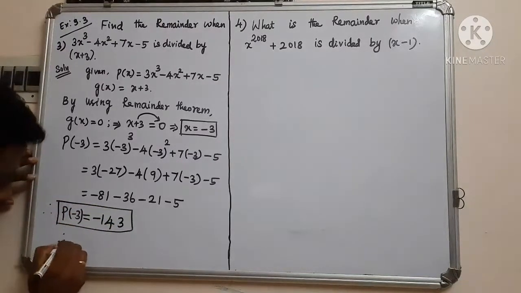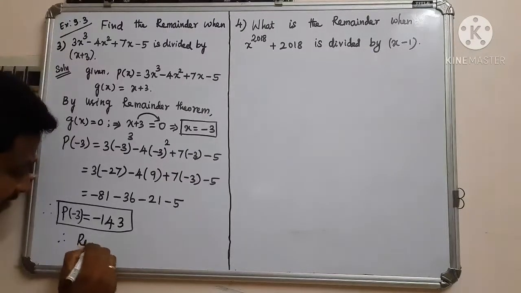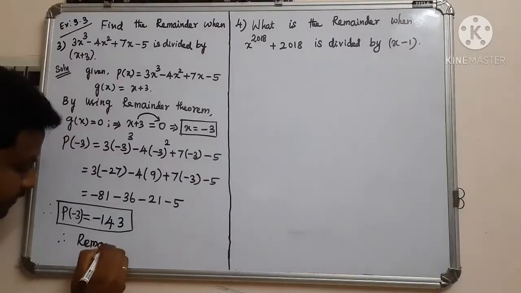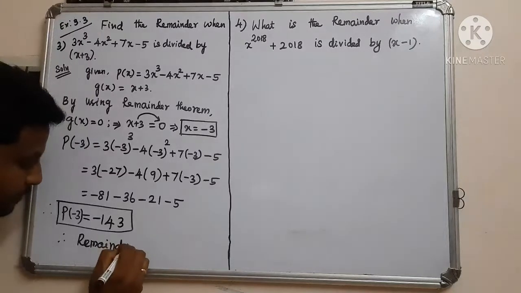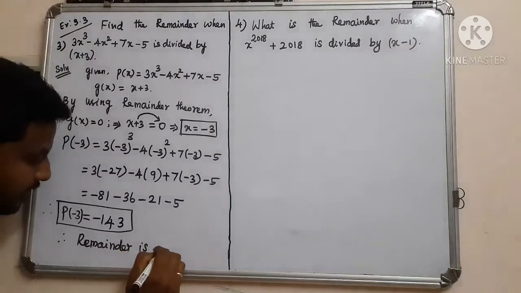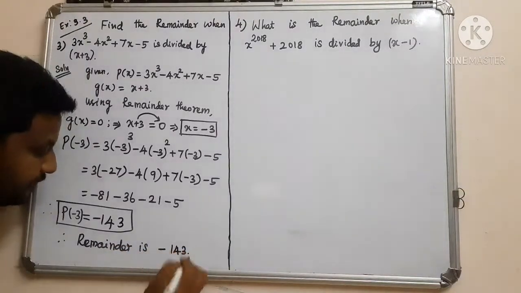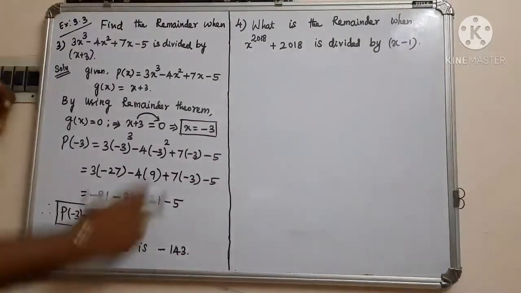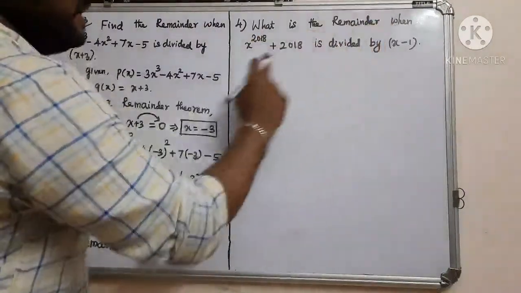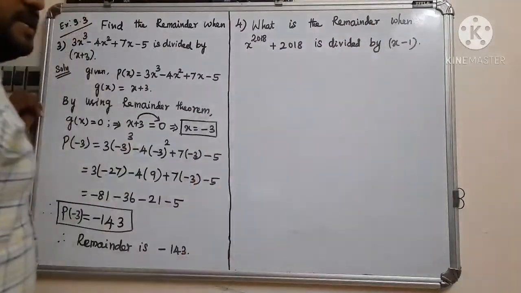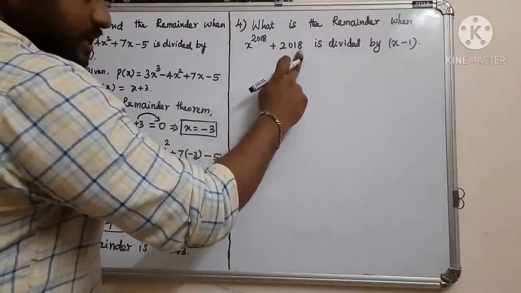So therefore the remainder is equal to minus 143. Clear?